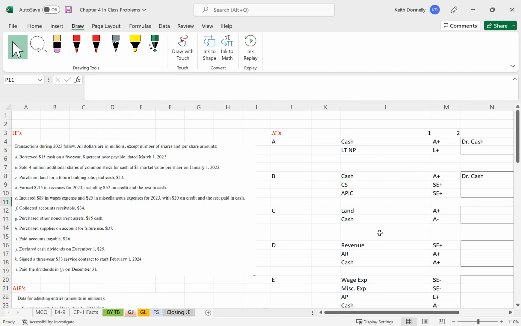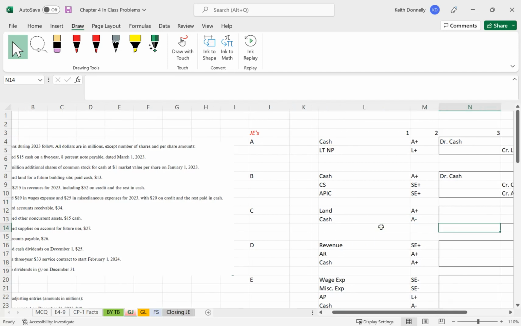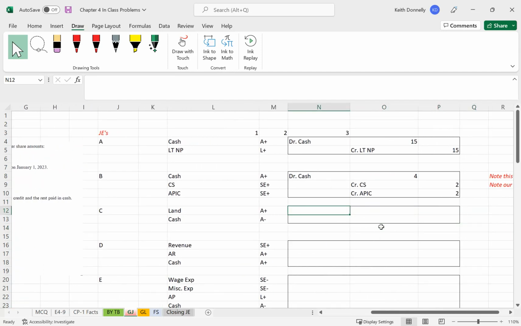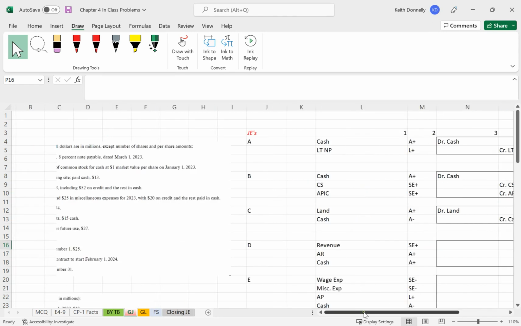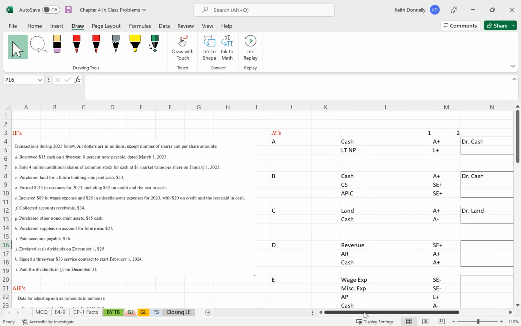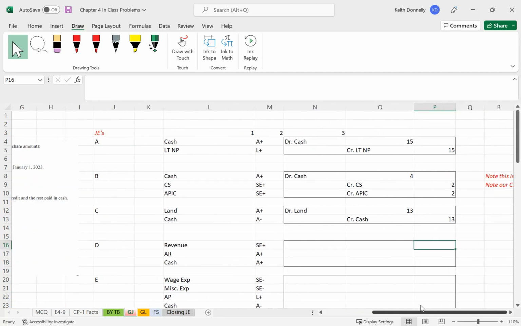C here, purchase land for a future building, paid $13 cash, okay? So for C, we're gonna do debit land, credit cash for 13. It carried over. Let's look at D. Hey, we got 215 in revenue, right? We made sales of 215. Looks like 52 of that was on account, and the customers paid the rest in cash, right?